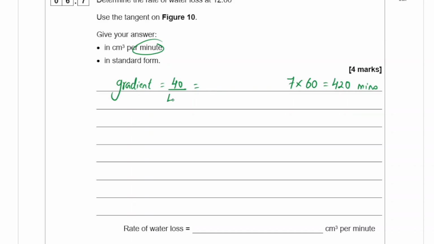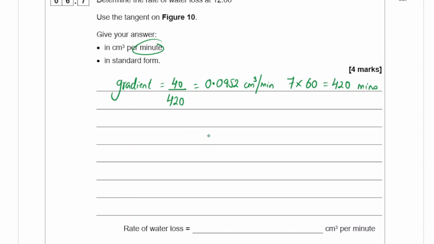So divide 40 by 420, that would be 0.0952 centimeter cube per minute.